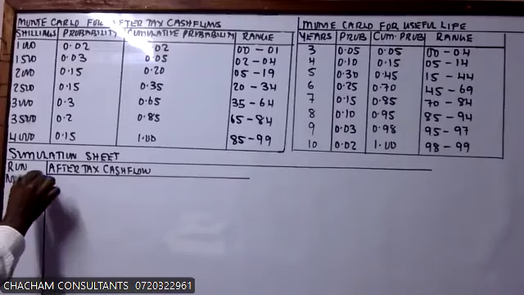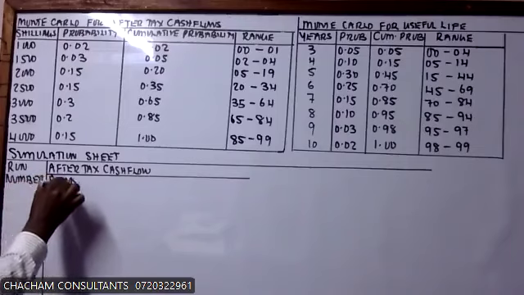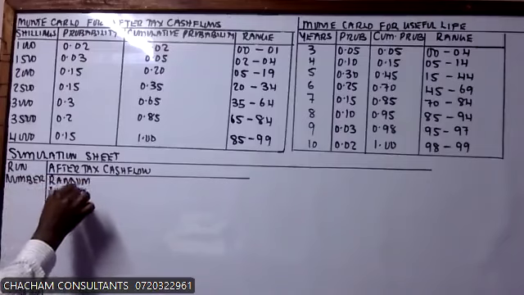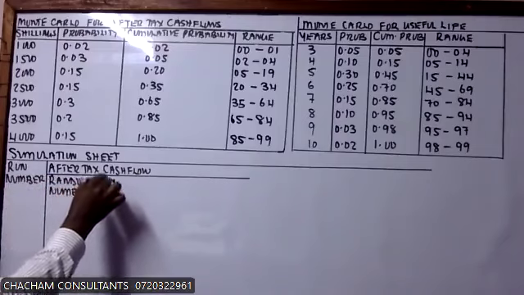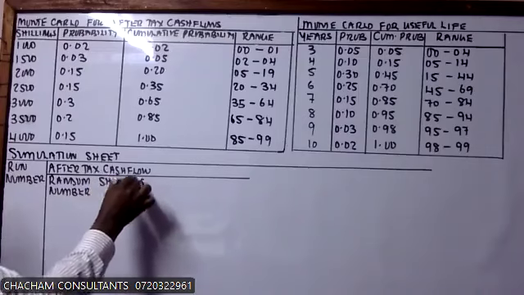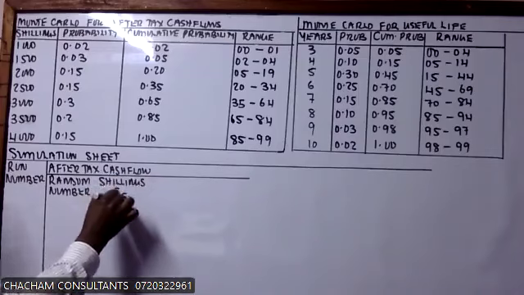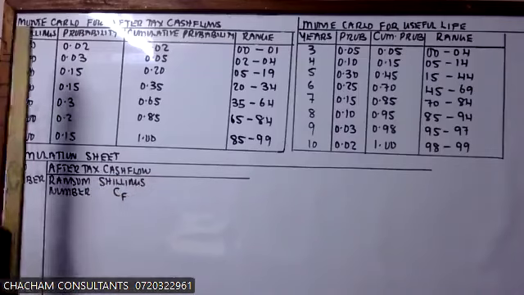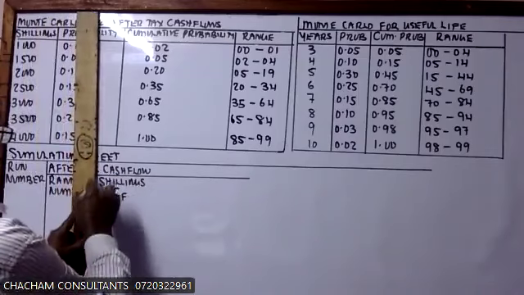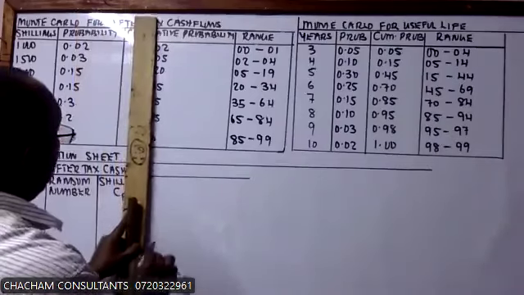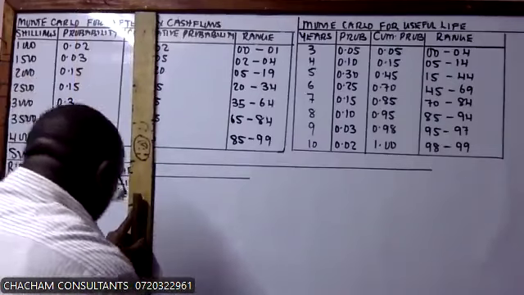Now here we will have the random number, and then we have shillings. Now these shillings, we will call it the cash flow, the CF. So that is about the cash flows.